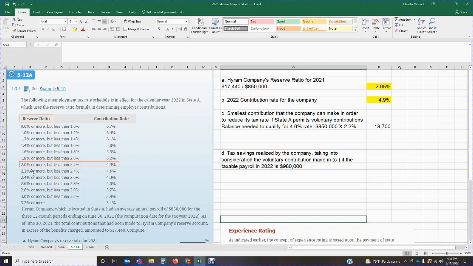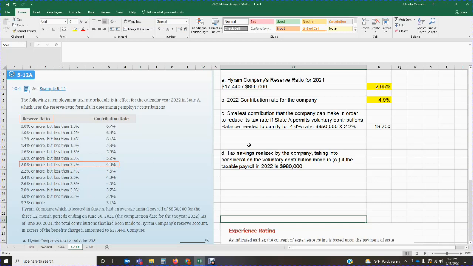The 2.2% right here. Okay, so I was looking at the wrong tier, but let me explain this again. We are currently in this tier right here, 2% or more, but less than 2.2%. So we are paying less taxes. Of course, our reserve ratio calculation is 2.05, so it's in between these numbers. Currently, we are paying 4.9%.